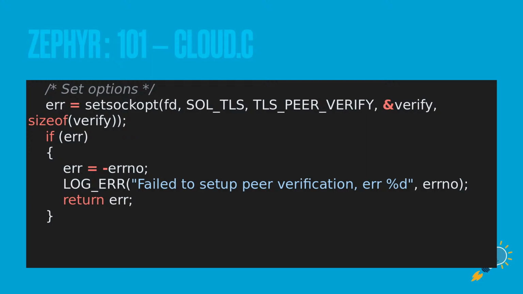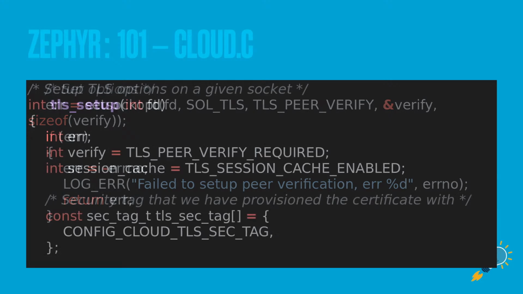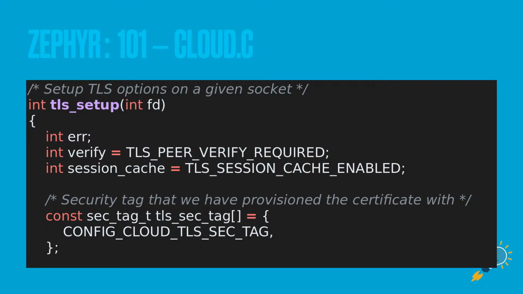This first one, TLS_PEER_VERIFY. We're using setsockopt for this function for everything, but that third parameter is actually defining what we are setting. So in this case, we just want to make sure that we're verifying. That was the option earlier here, that one in the middle, TLS_PEER_VERIFY_REQUIRED.